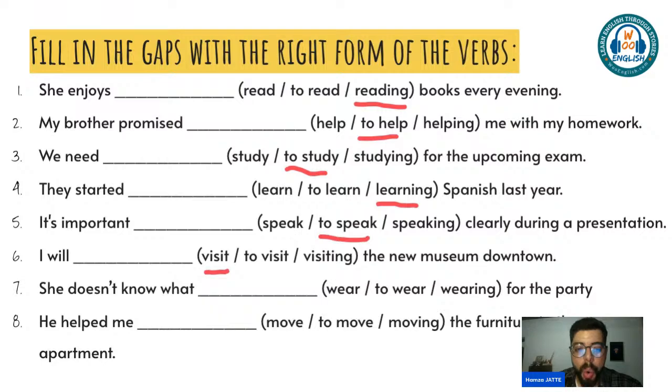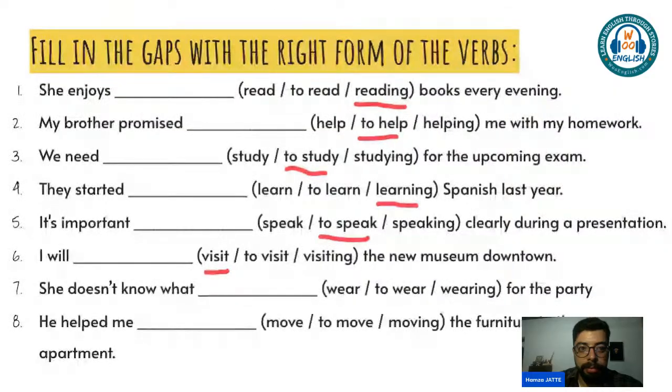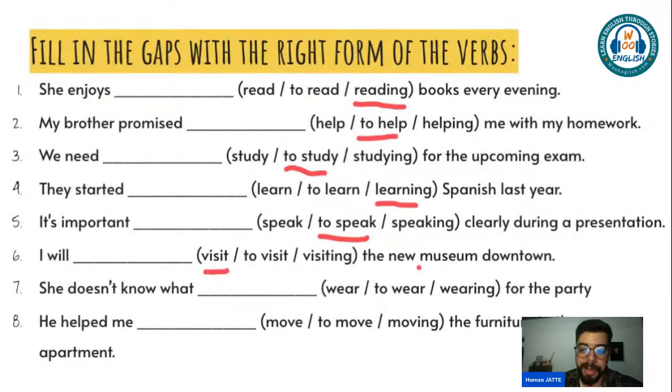She doesn't know what, where to wear, or wearing for the party. Number 7, to wear. Okay, both of you again agree on the same answer. Fabulous.